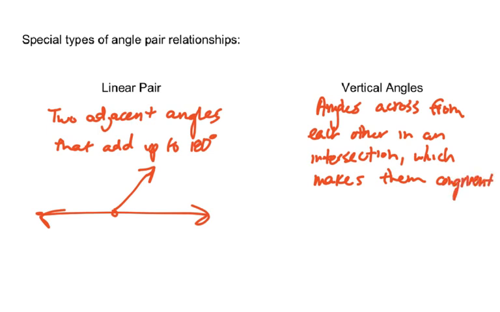And here's what that looks like. We have an intersection of two lines, and that means the angles on opposite sides are congruent to each other. And we're going to spend a lot more time with that on the next lesson.